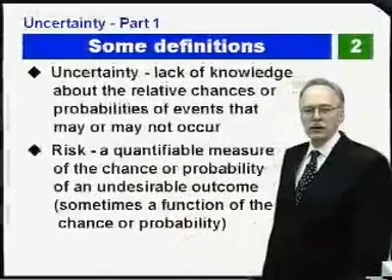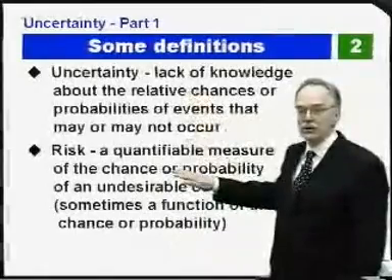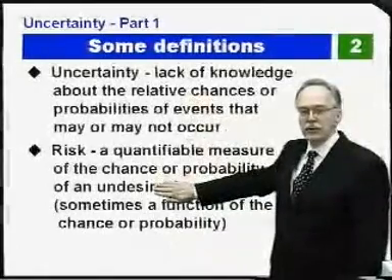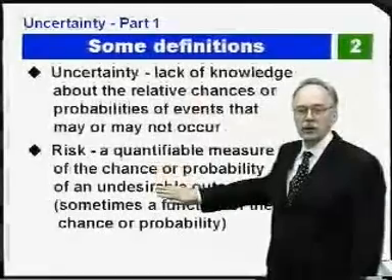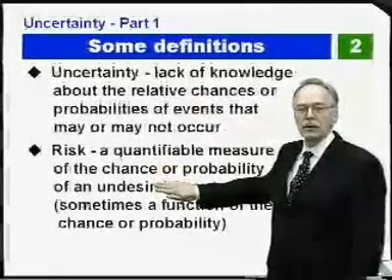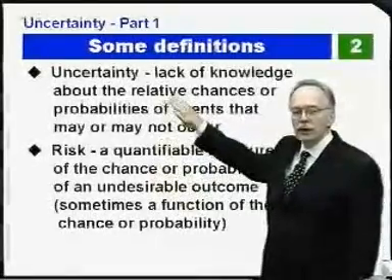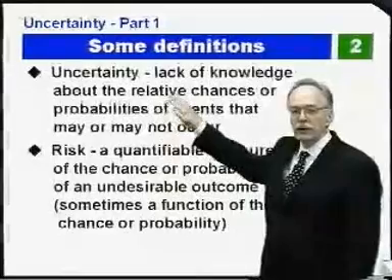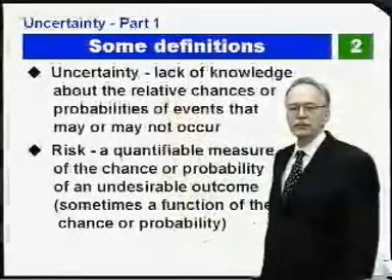Sometimes it's a function of the chance or probability. The major difference between these two definitions is that with the situation of risk, we have a quantifiable measure, or we're willing to assume a quantifiable measure of the chance or chances of the uncertain outcomes. With uncertainty, we know they're uncertain, but we either don't have numbers or we're not willing to assign numerical values to the probabilities.